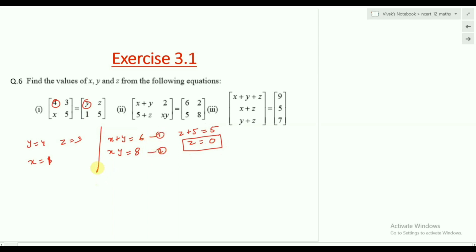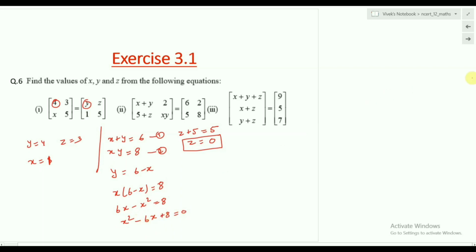From the first equation, y will be equal to 6 minus x. We will substitute in the second equation. So x into 6 minus x will be equal to 8. So 6x minus x square will be 8. So this will be x square minus 6x plus 8 equal to 0.